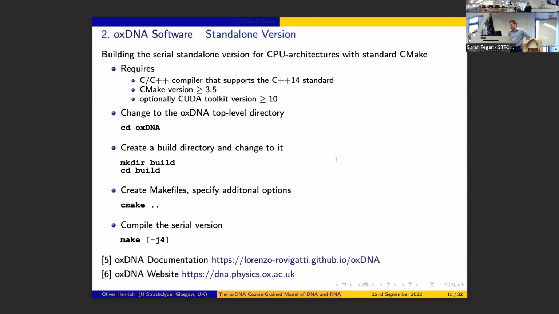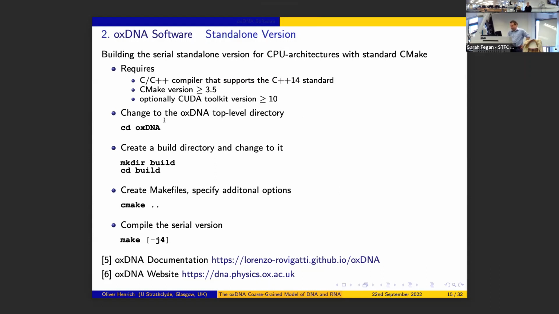Here's what you need to do. You need a C++14 standard compiler, a make version later than or including 3.5, and optionally, the CUDA toolkit version 10 or later.